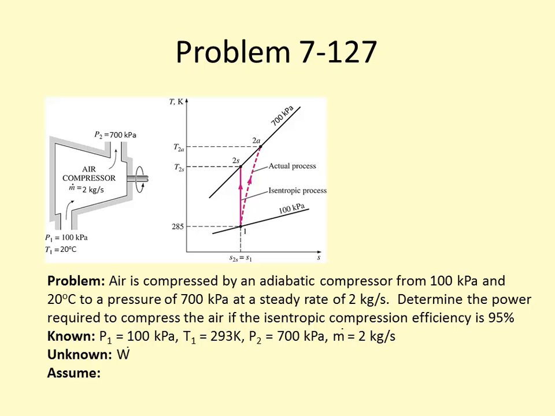So we just have W dot in is equal to m dot times (H2 minus H1). Similar to what we did for the turbine, we have W dot in isentropic is equal to m dot times (H2s minus H1), and W dot in actual is equal to m dot times (H2 actual minus H1).